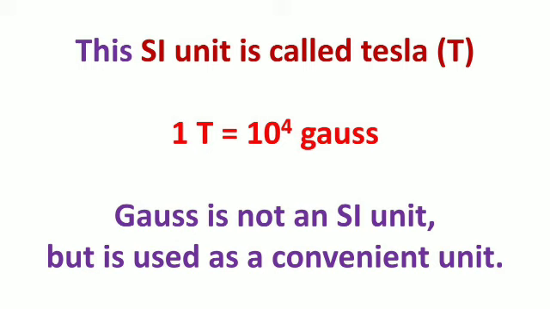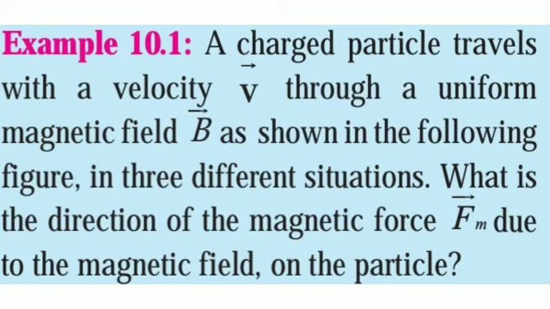Now let's have one example. A charged particle travels with a velocity vector V through a uniform magnetic field vector B as shown in the following figure. In 3 different situations, what is the direction of the magnetic force, that is vector Fm, due to the magnetic field on the particle?